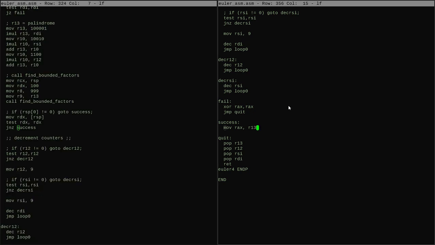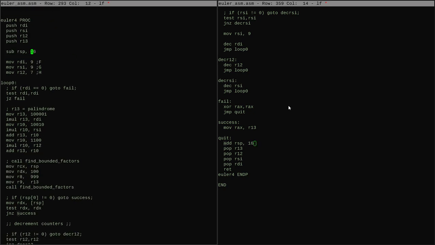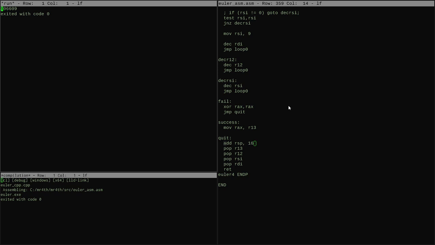Oh, and we need to add in RSP 16, right? Here we allocated 16 bytes on the stack, there we need to deallocate 16 bytes on the stack.